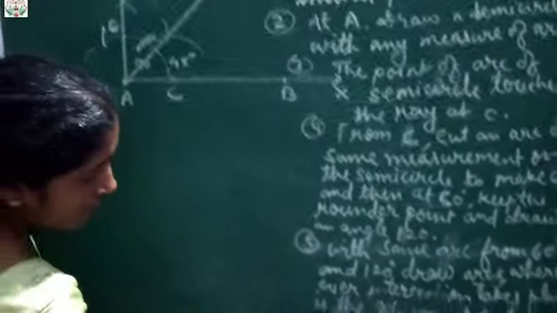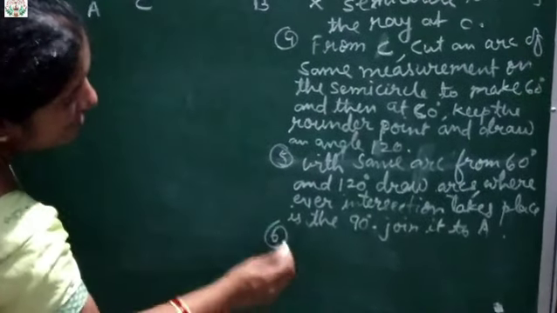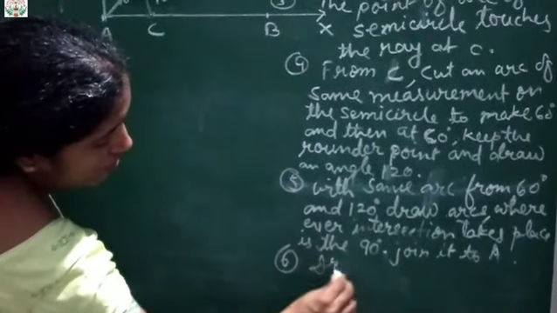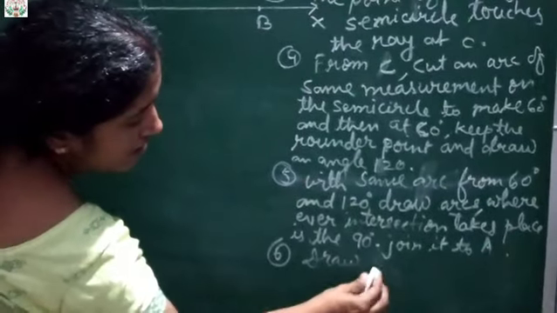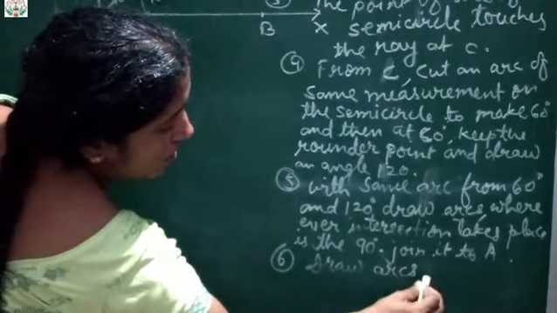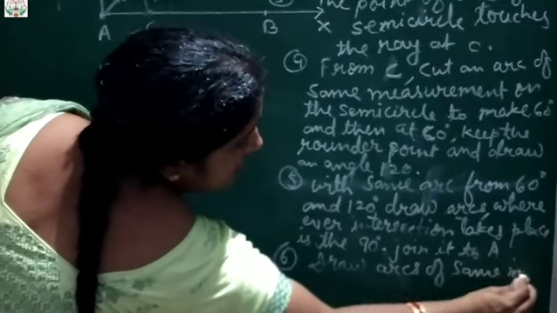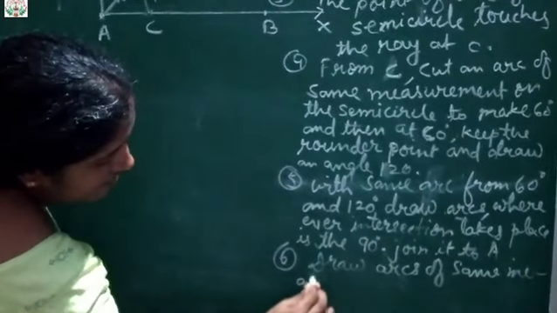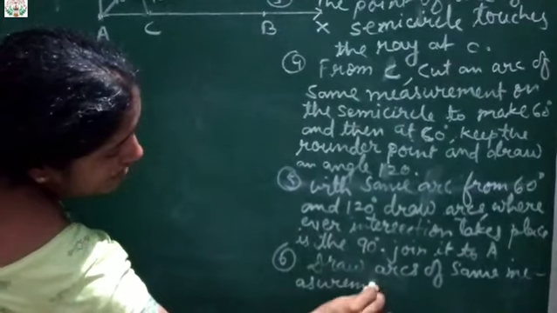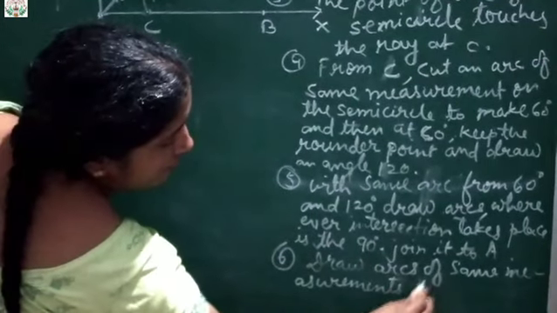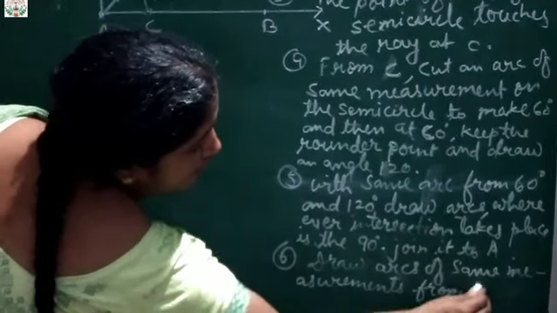Now sixth point is draw arcs of same measurements from 0 degree.